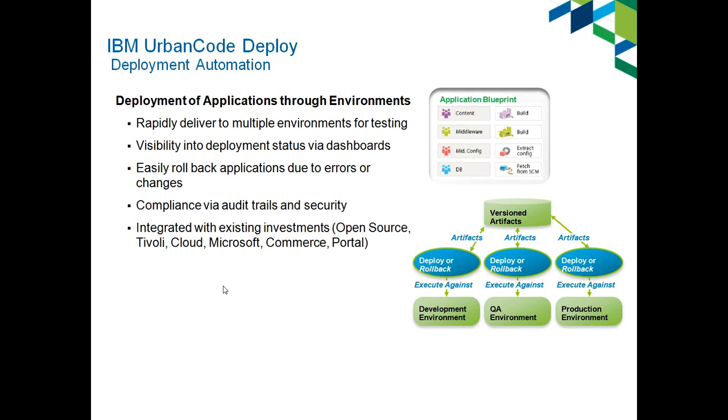UrbanCode Deploy has its own versioned artifact storage mechanism. So every component that you're deploying can have multiple versions of the artifacts that need to be deployed. And this makes sense for a number of different reasons, one of which is that you're likely to have different versions of that content in each environment at any one time.